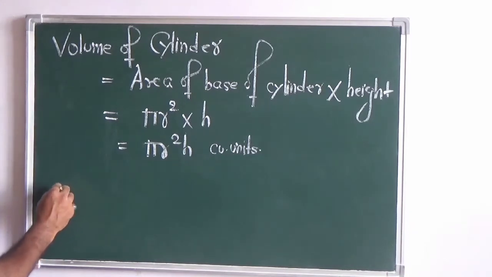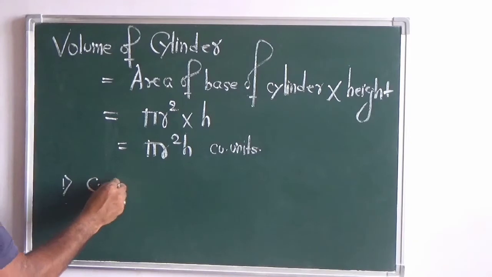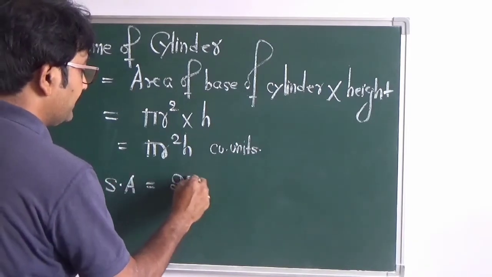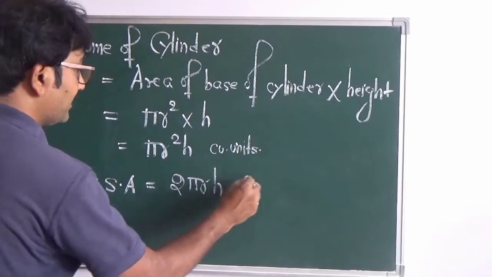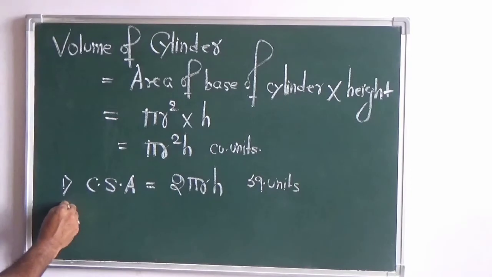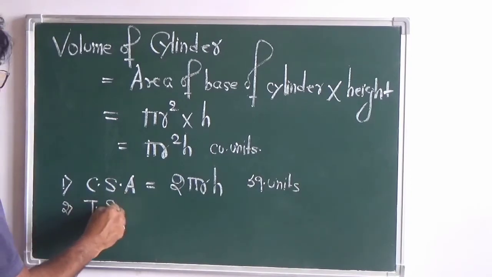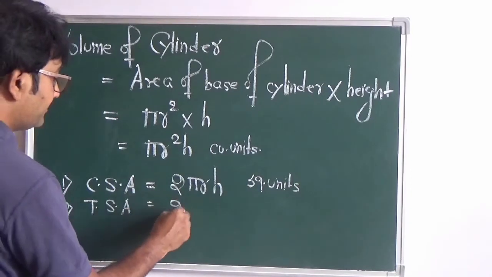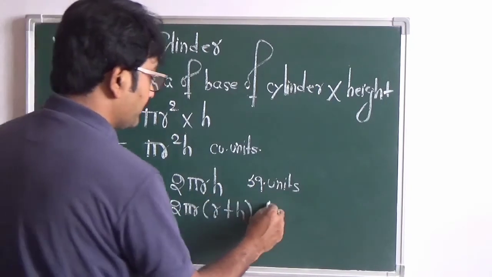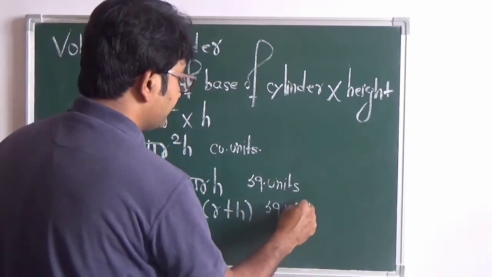So we have three formulas right now. The curved surface area is given by 2 pi r into h square units. Number 2, the total surface area, that is 2 pi r into r plus h square units.